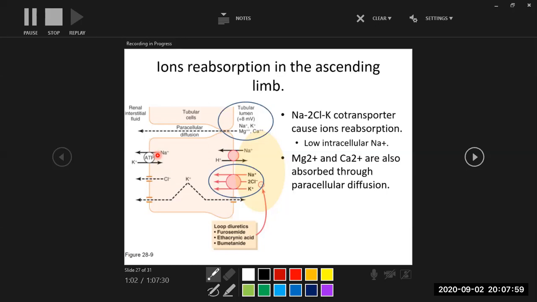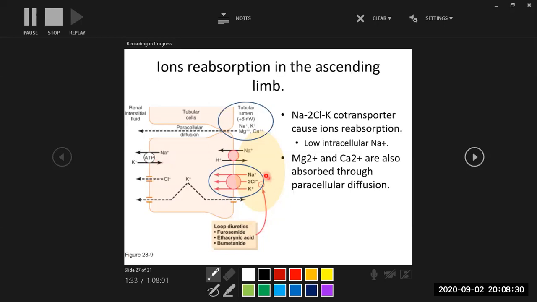But in the ascending limb, we start to reabsorb sodium. That is important because when we reabsorb sodium, we can make the medulla concentrated. We need that sodium reabsorption to maintain the medulla very salty.